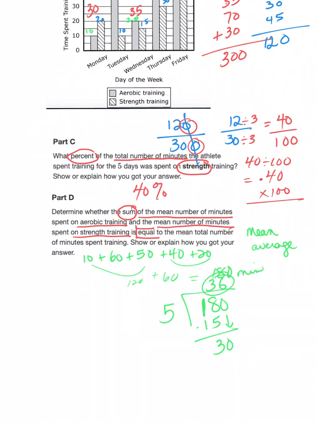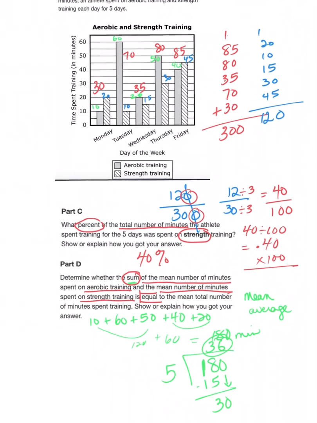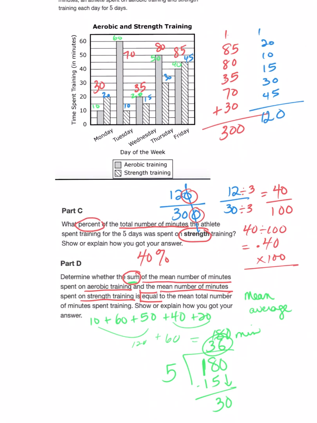Okay, now it's looking for the sum of the mean for the aerobic training and the mean for the strength training. Well, thankfully, we've already added up the strength training. We did that in part C to get the percentage. So if we take that total of 300, oh, nope, 300 was the total, my bad. The blue was the strength training at 120.